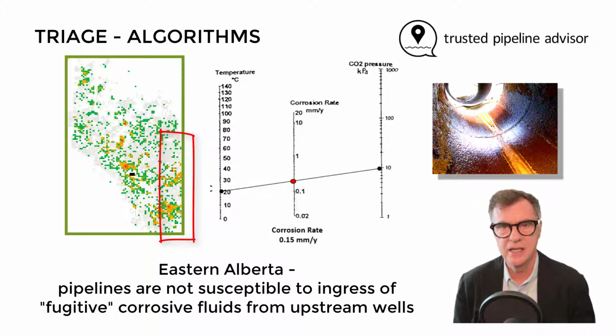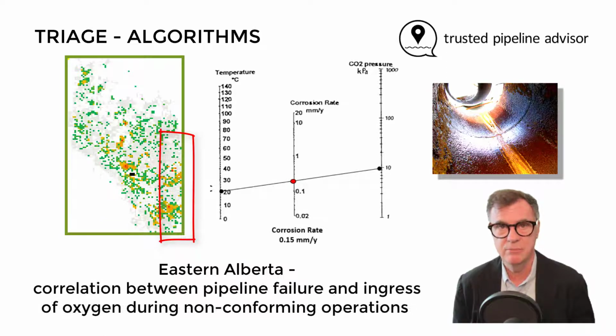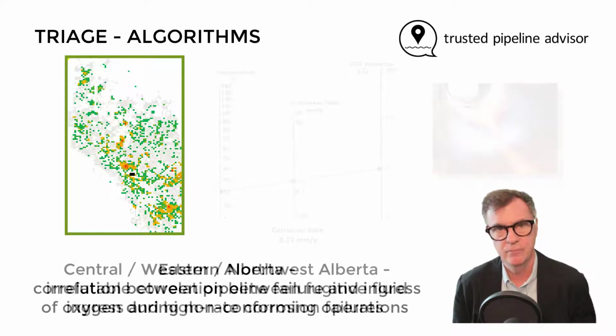Within this region, there is little exposure to episodic well startup events capable of causing high-rate corrosion, but there is correlation between corrosion within solution gas pipelines where oxygen ingress occurs at oil battery facilities receiving trucked-in production, or where oxygen ingress occurs into upstream production storage tankage.